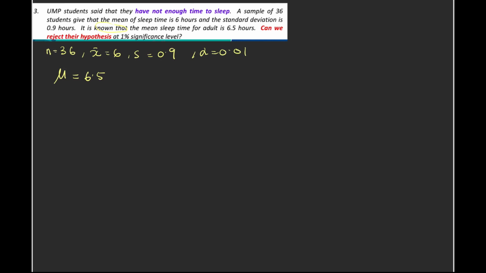So, where is the claim? Where is the hypothesis? Here, they said that they do not have enough time to sleep. If enough time to sleep, it will be mu equals 6.5 or mu greater than 6.5.